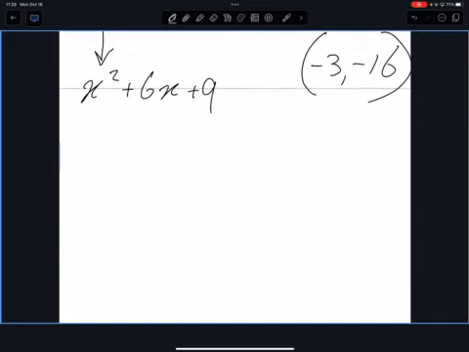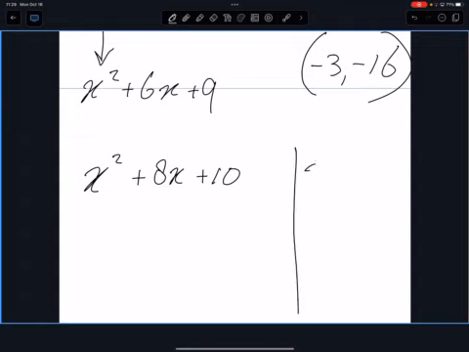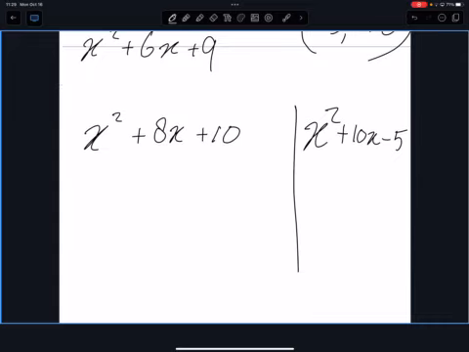Again, you have an equation. I will give you another one here, especially for you. So, x squared plus 8x plus 10. I would like to know the minimum value of this specific quadratic equation. How do you get to know it immediately? Without drawing it, you complete the square.